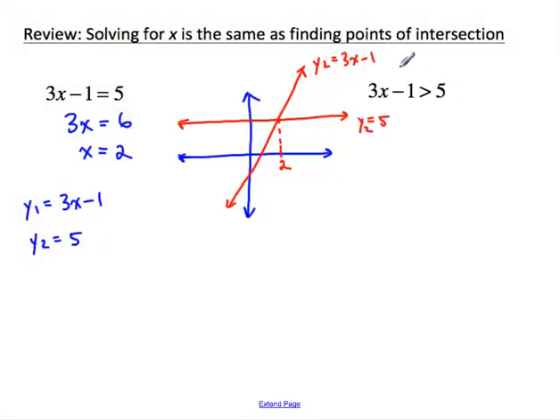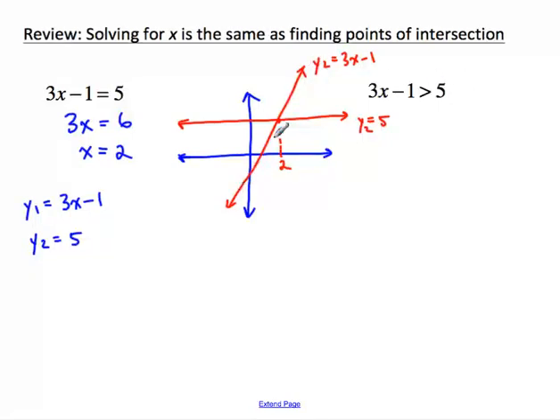Now if we move on to solving this inequality, which is related to this one, it's again the same two functions, y is equal to 3x minus 1 and y is equal to 5, but now it is asking when is this function greater than this? When is the y value for this greater than the y value for this? And on the graph, what that means is, when is this function above, physically above, higher on the page than this function?